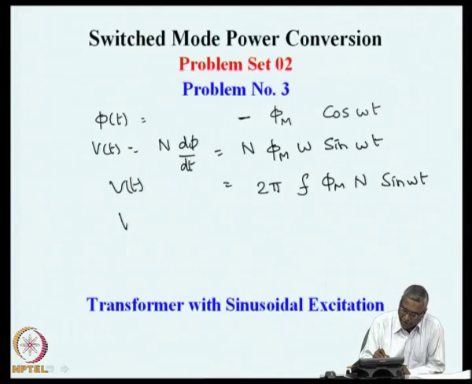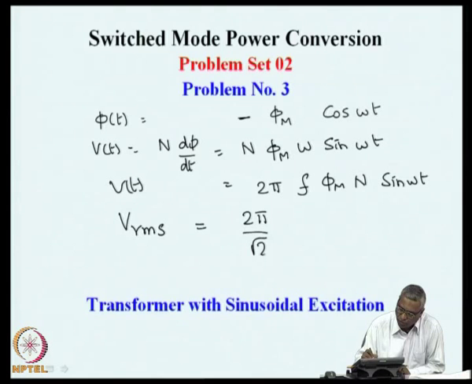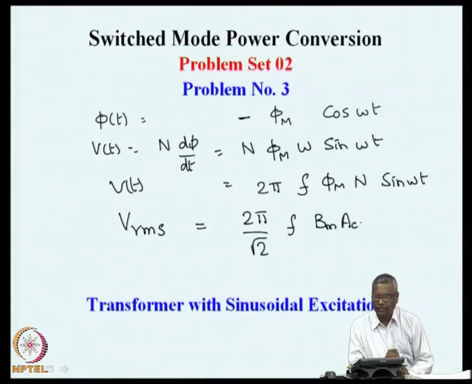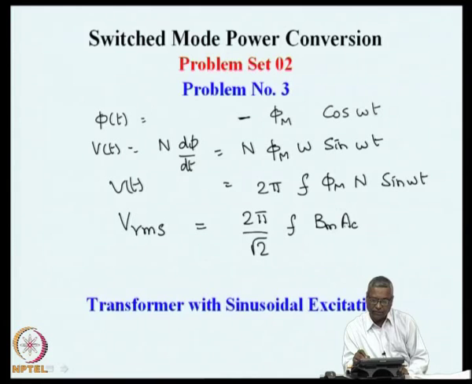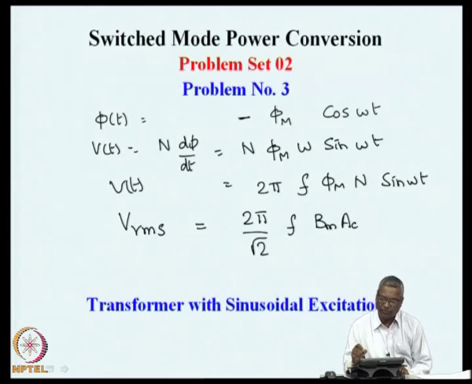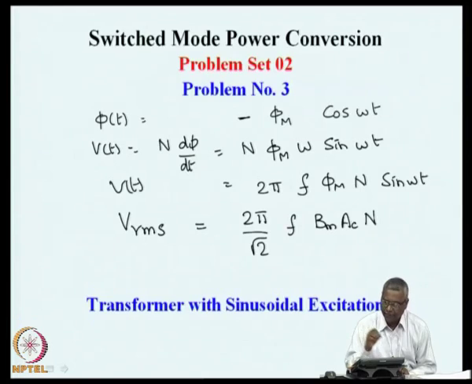So, if we write the RMS value of the voltage, that is equal to 2 pi divided by root 2 f, phi m can be written as maximum flux density multiplied by the area of cross section, because in the magnetic circuit of the transformer, the maximum flux density multiplied by the area of cross section of the core will be the maximum flux, multiplied by n.